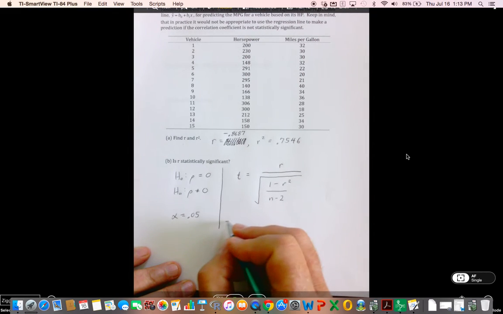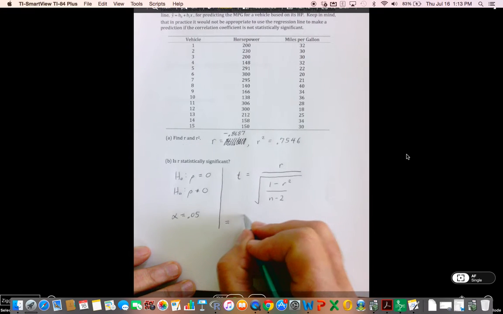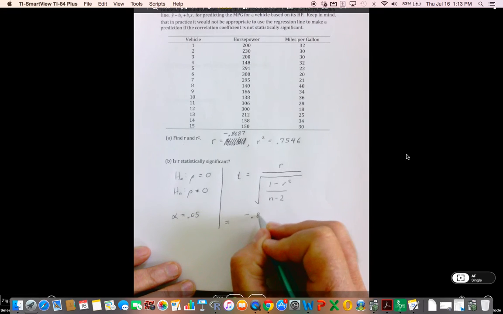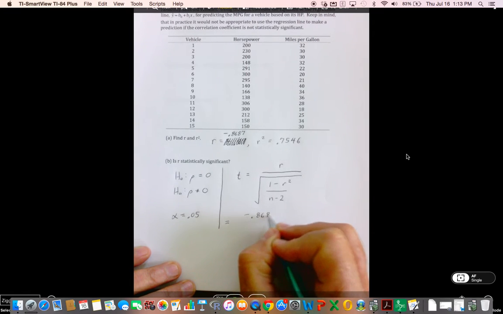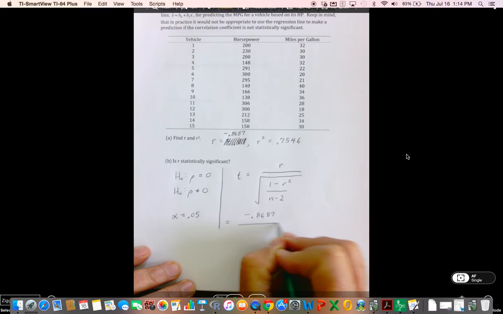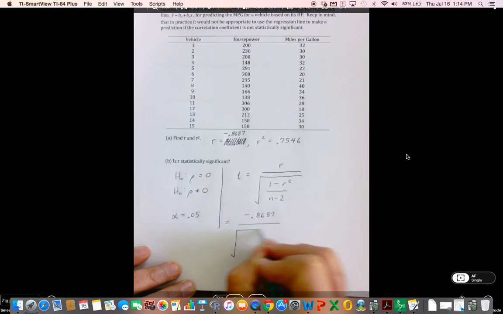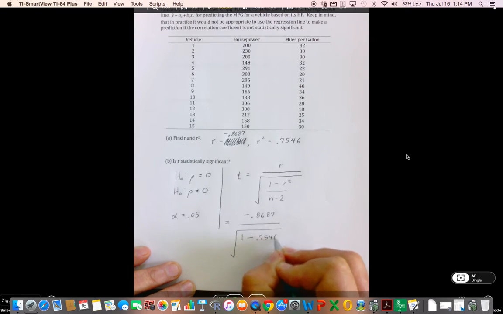So, essentially, we have negative 0.8687 over the square root of 1 minus 0.7546 over n minus 2, so that's going to be 13.